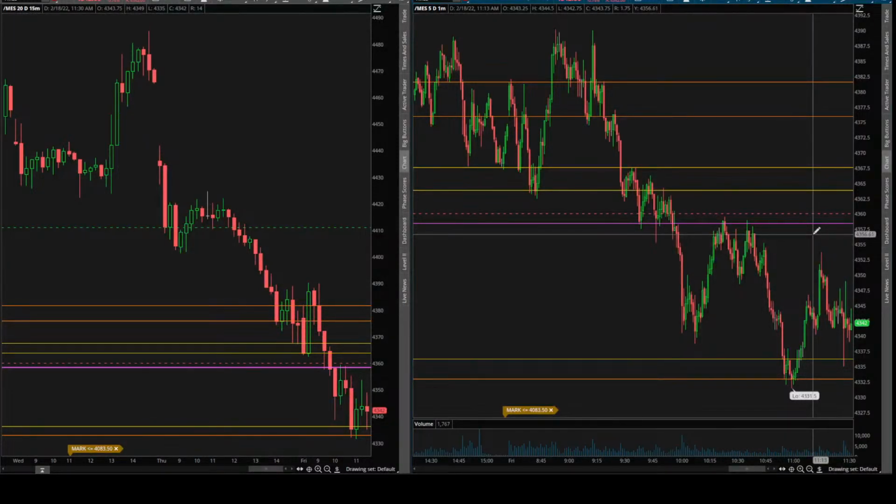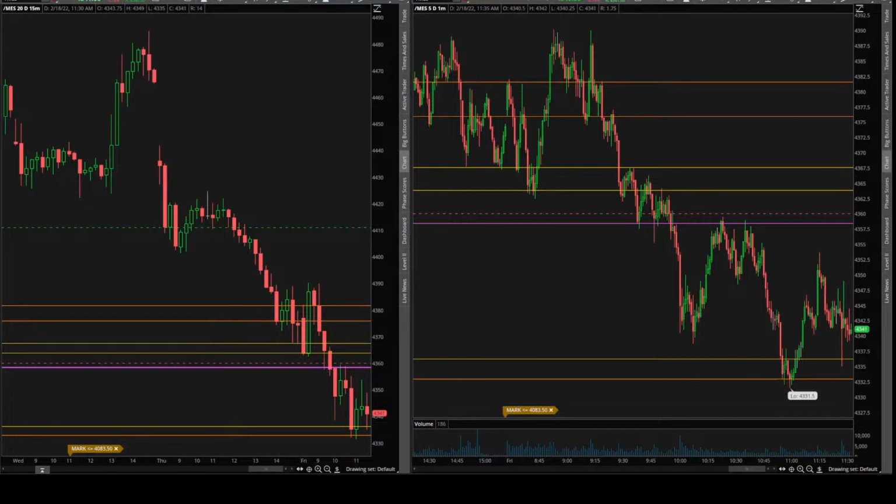It is a doji. 15-minute looking nice as well, with that little retest there. Stop in place, which is a must. Yep, stop in place. Here we go. Let's see what the market gives us.